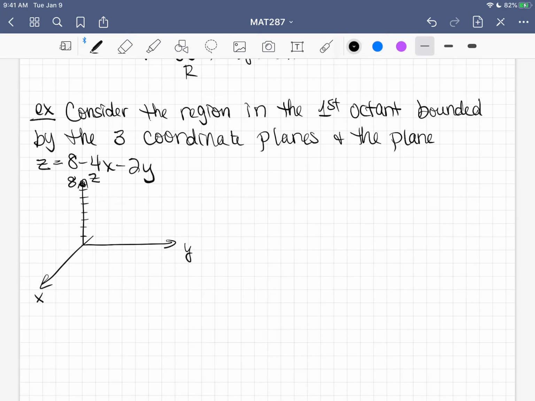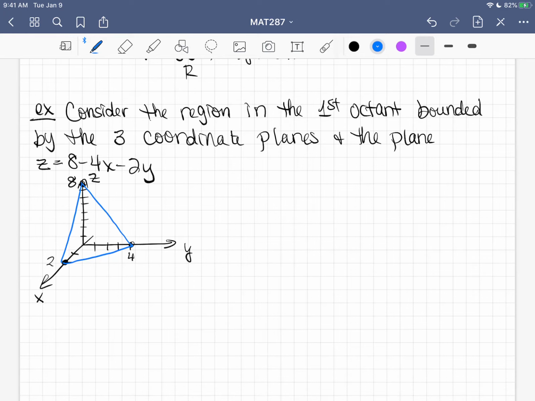When y and z are both 0, I'm going to get 8 minus 4x equals 0, so x must be 2. And when x and z are both 0, I'm going to get 8 minus 2y equals 0, so I need y to be 4. Okay, I'm not being super careful to make sure that my scale is the same on each axis, but this is what we have.